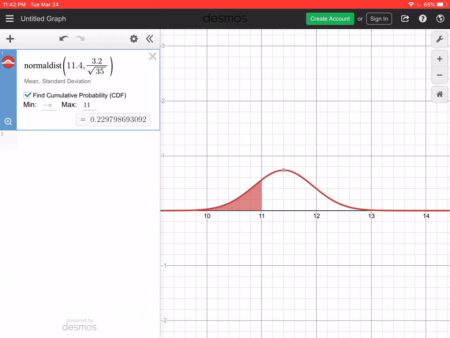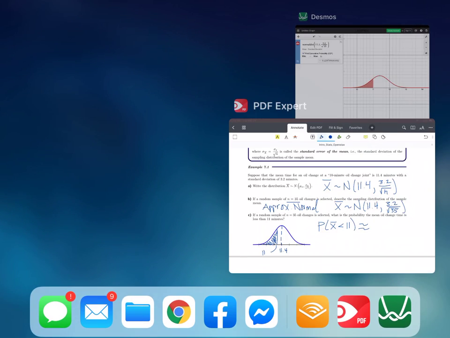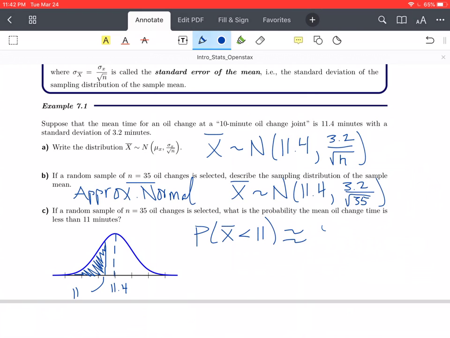Let's take this number and round to 0.23. So in other words, if 35 people had their oil changed at this shop, and we're wondering what the probability is that the time it took was less than 11 minutes, there's about a 23% chance that was the case.